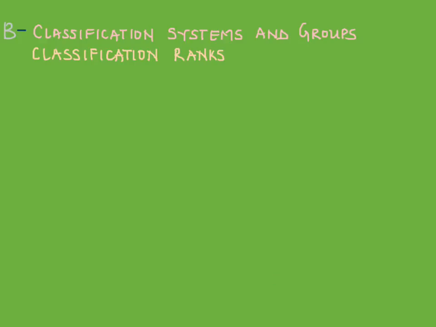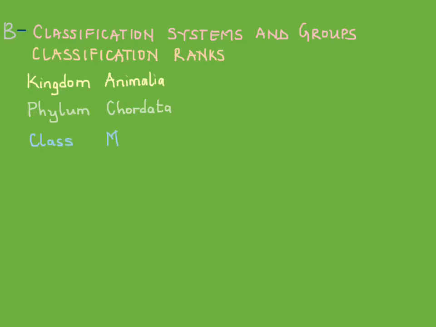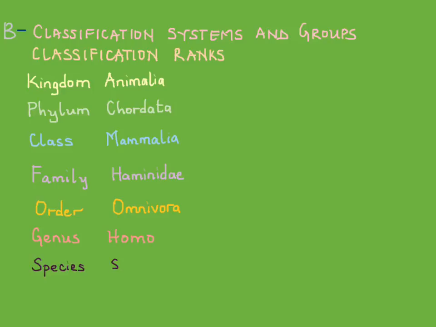For example, man can be classified into the kingdom Animalia, phylum Chordata, class Mammalia, family Hominidae, order Omnivora, genus Homo, species Sapiens, and scientific name Homo sapiens.